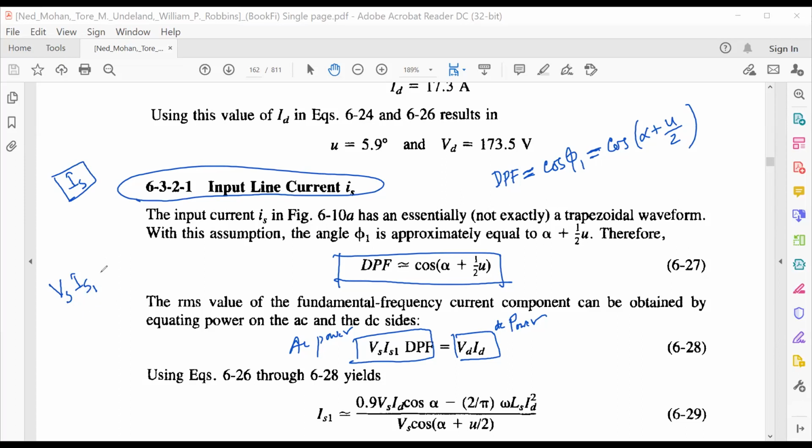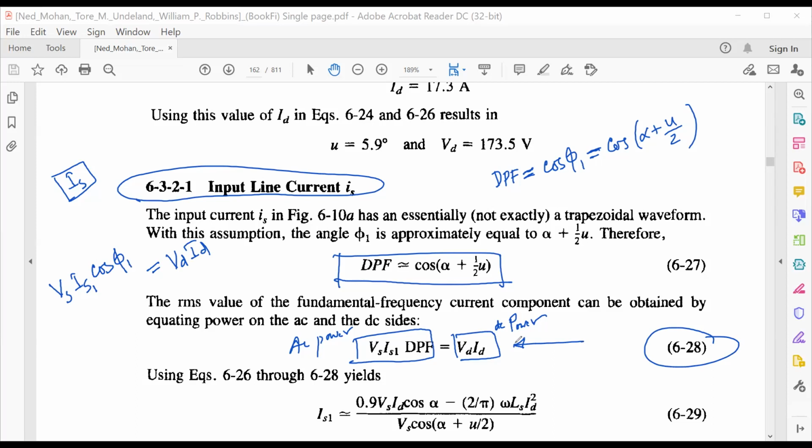This is phi 1. Then we write the cosine of phi 1, that is your power factor. So this is your AC power, and AC power must be equal to the output voltage multiplied by the current. That has been described by equation number 6.28. Is it okay?